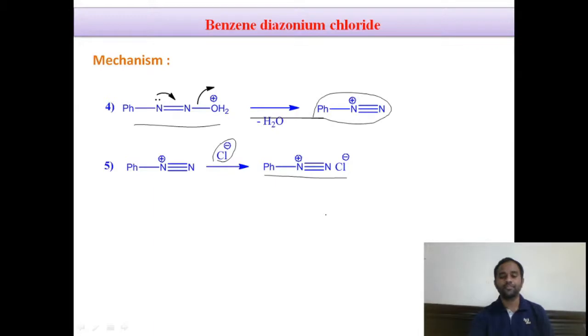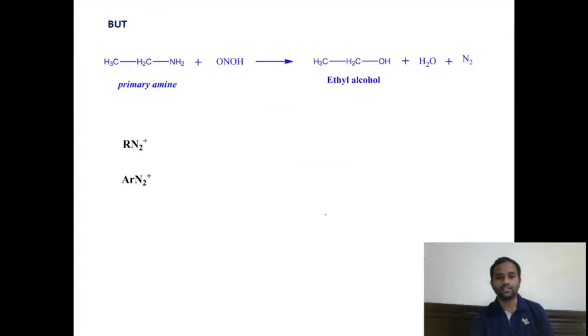So in this way we can prepare benzene diazonium chloride from aniline by treating the aniline with nitrous acid under cold condition. But if you look at this slide, it says that primary amines, especially aliphatic amines, when we subject them to nitrous acid, we won't get a diazonium ion.